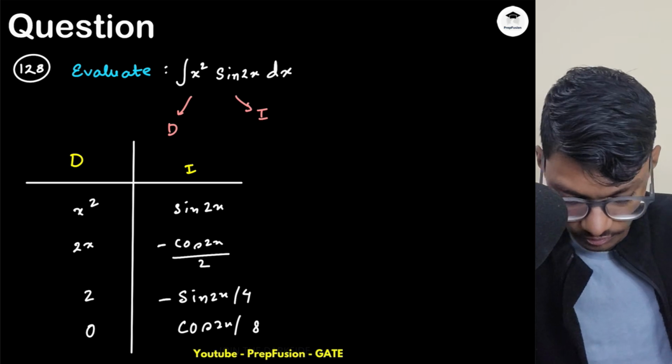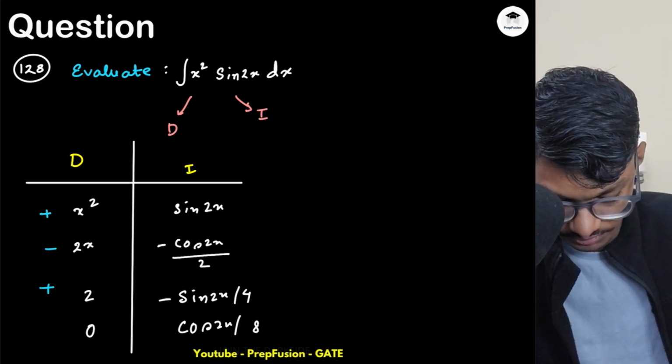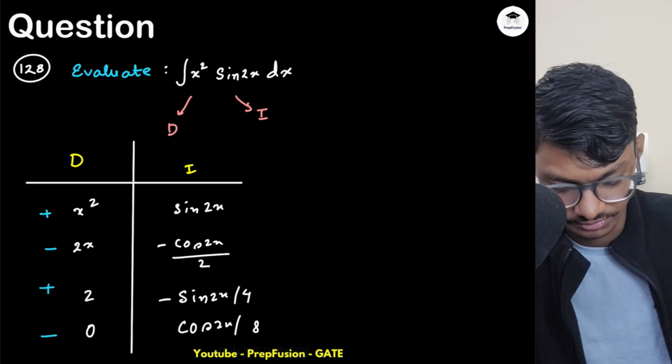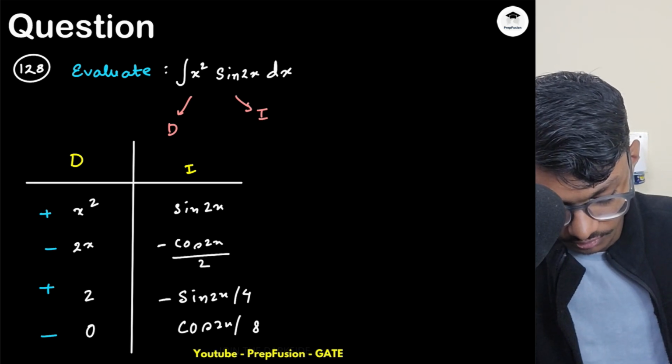Yeah, so the next step, what we do, we write the signs. First one is plus, then minus, anyway 0, it doesn't matter. So now we'll write the shortcut.